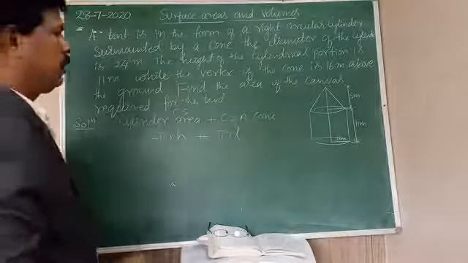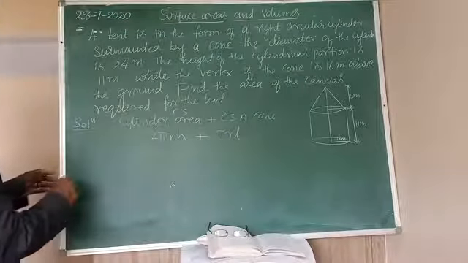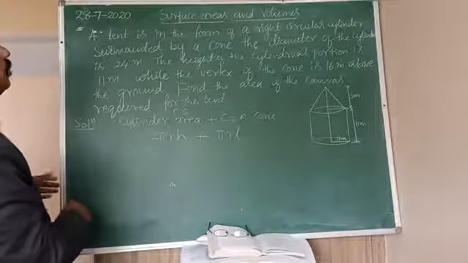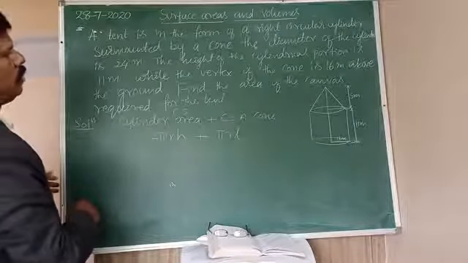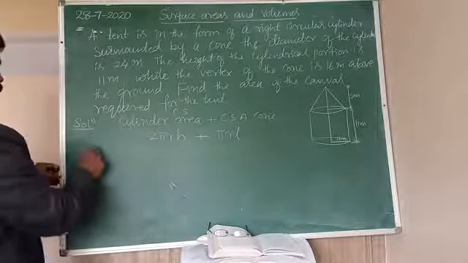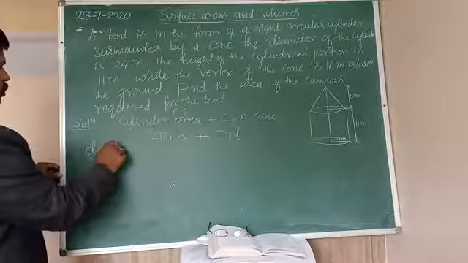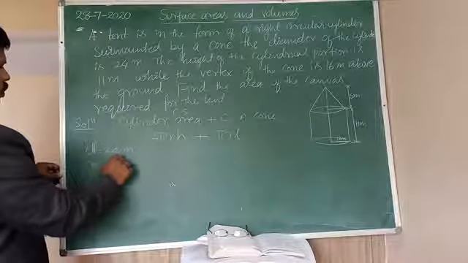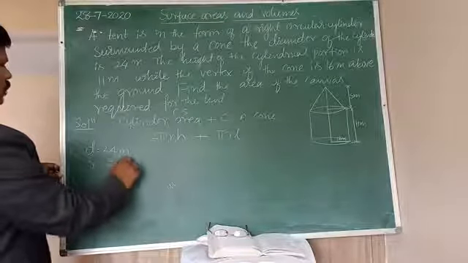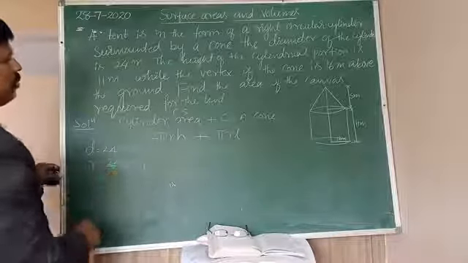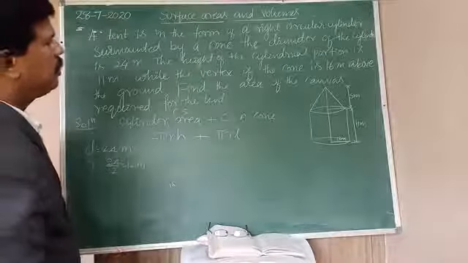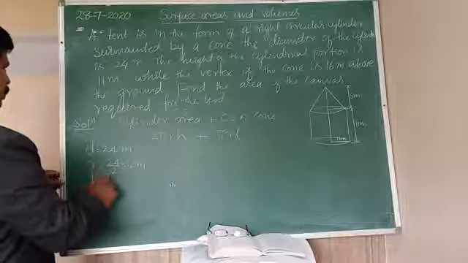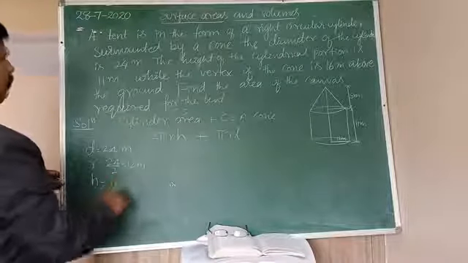Now look at that, they have given the diameter. The diameter of the cylinder is 24, D is equal to 24 meter. Then r is equal to 24 by 2, that is 12 meter. The height of the cylindrical portion is 11 meter, h is equal to 11 meter.